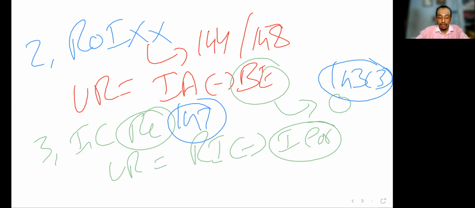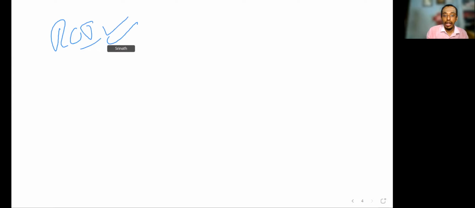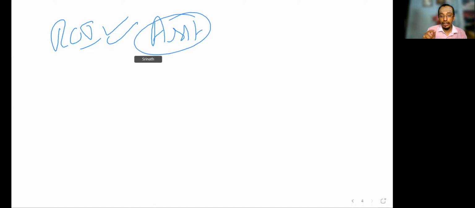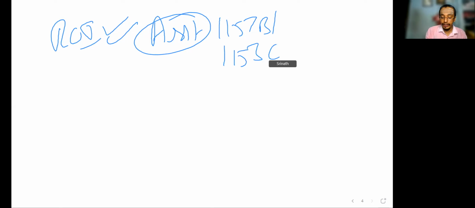Then next, fourth scenario. Return of income is furnished, assessment is made, and section 115JB or 115JC is applicable.